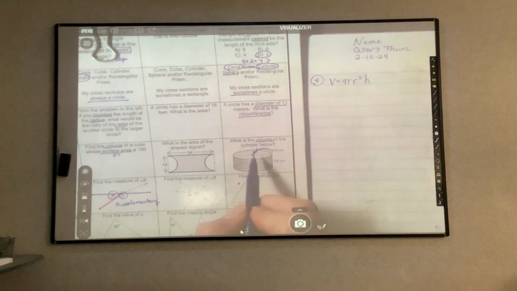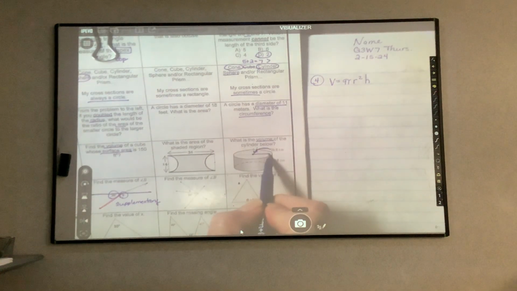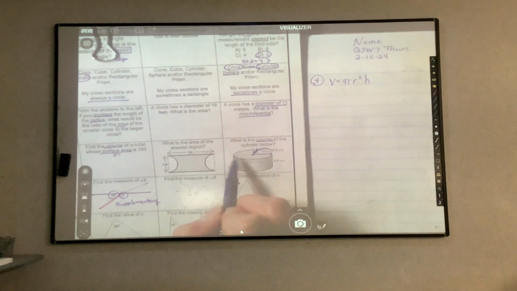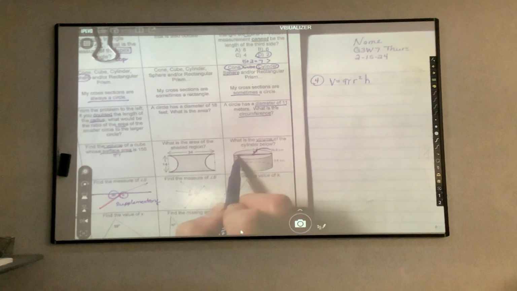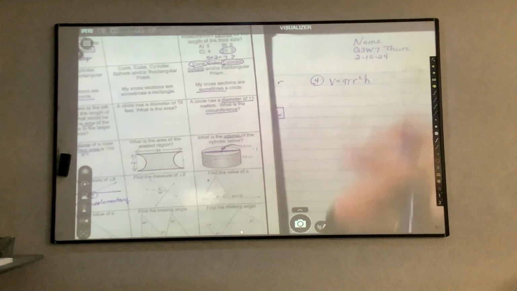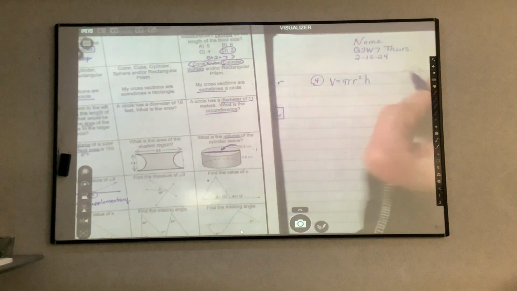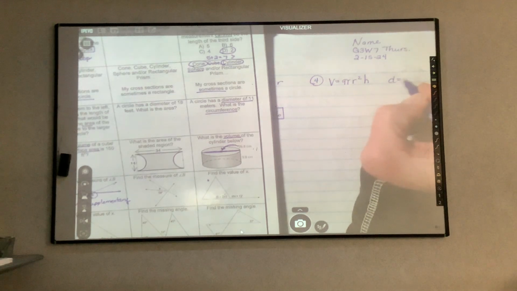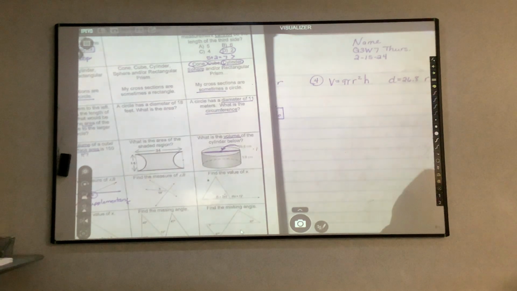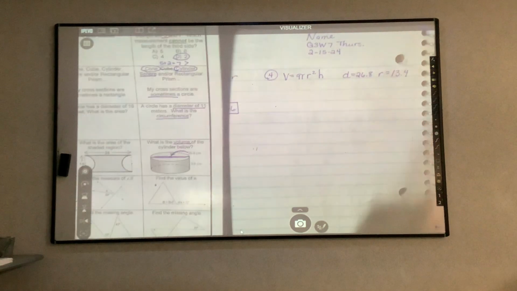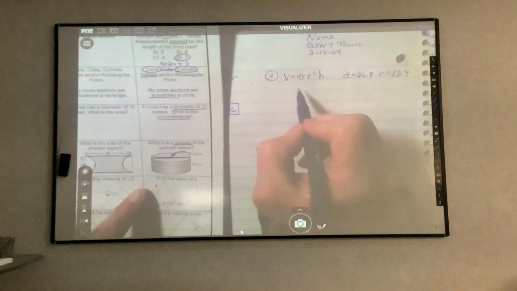Well, you would probably assume that it's only from the center out, but actually what it means, if it's right to the center, it's for that entire line, which would be the diameter. So for this one, if the diameter is 26.8, the radius is half of that, so that would be 13.4.